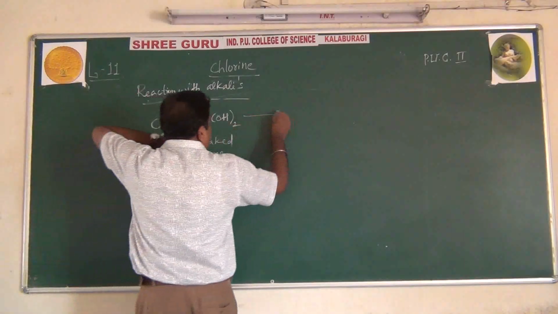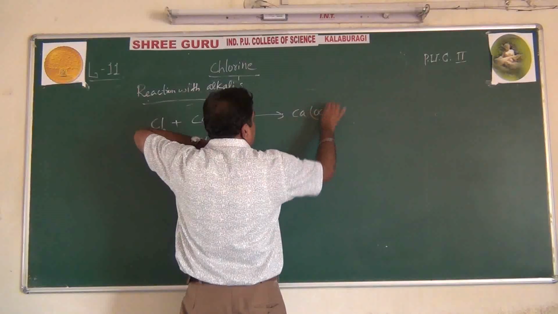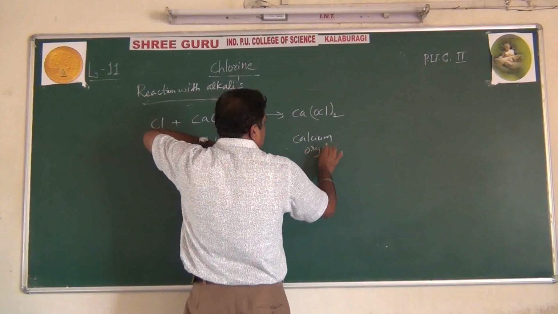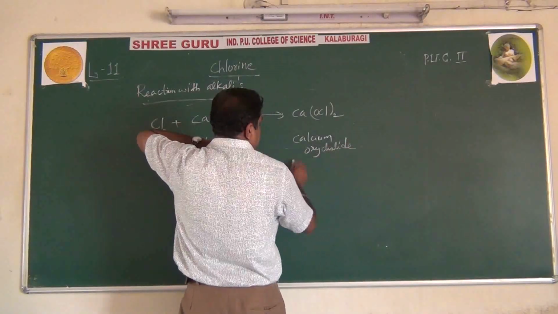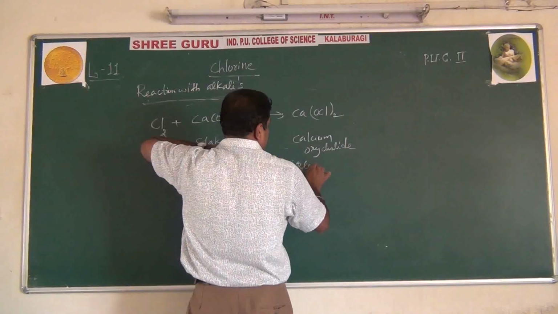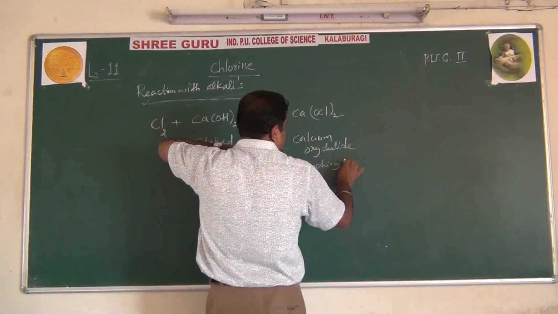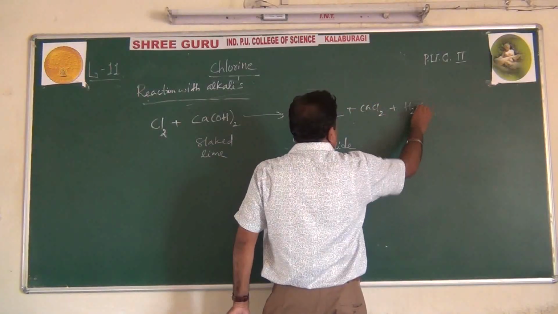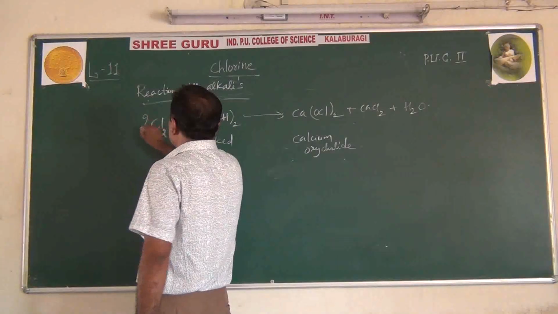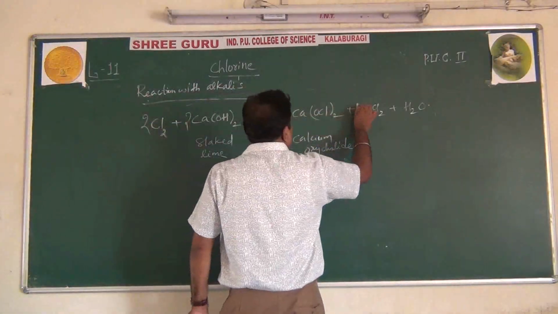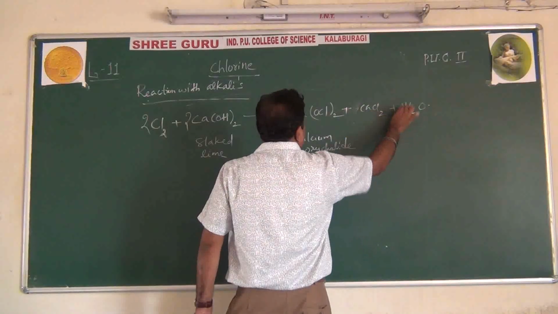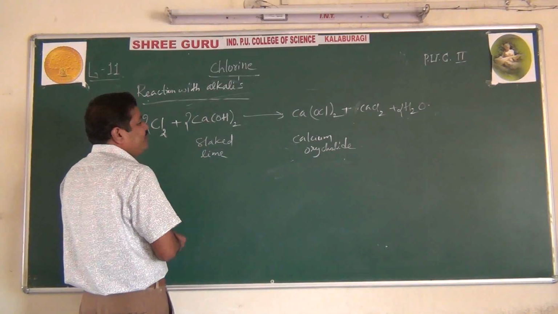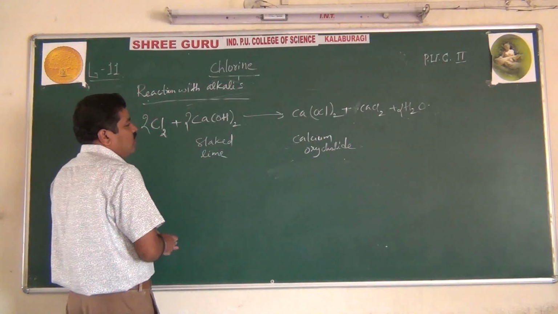Now you get a very important compound, CaOCl2, calcium oxychloride, and this is called bleaching powder, along with calcium chloride and water.